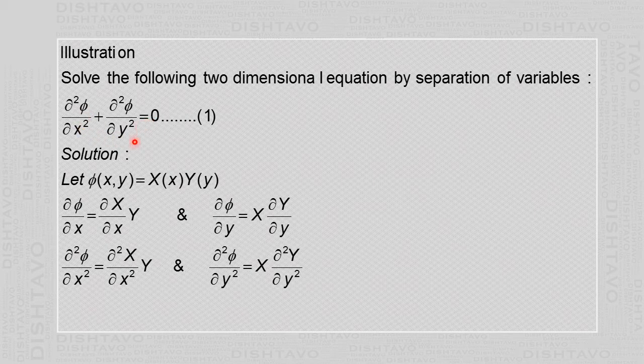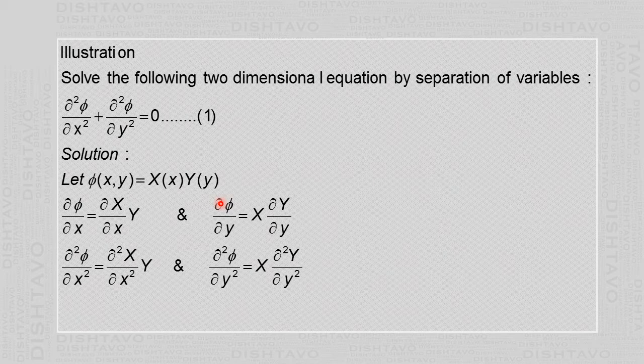So first step, we write this function φ(x, y) as a product of two functions, capital X and capital Y. Capital X is a function of small x only, and capital Y is a function of small y only. Then we differentiate partially with respect to x successively twice. When you do it, y is a constant.